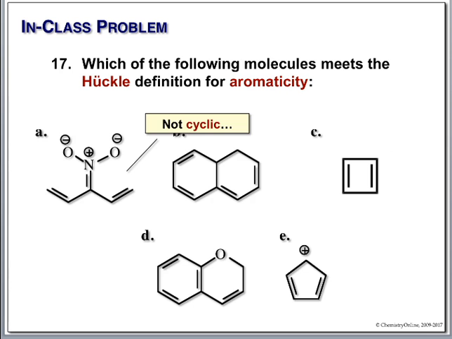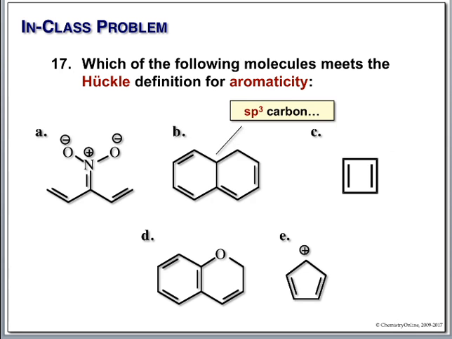That's not a Huckel number. And it also has sp cubed CH's, 2 of them here in the ring. This is not aromatic. There's no continuous conjugated system that's cyclic, and it's got the wrong number of electrons.